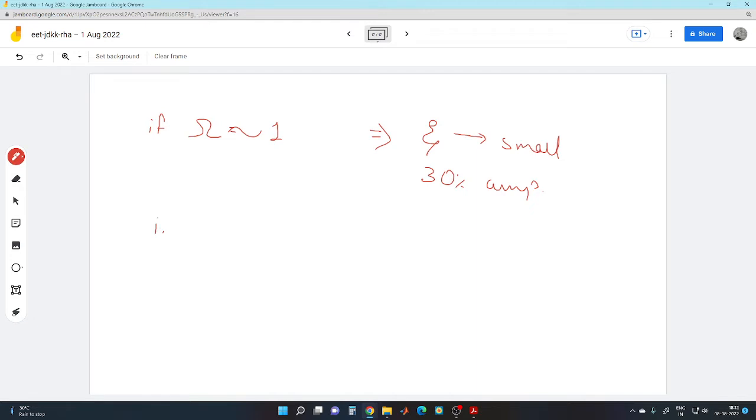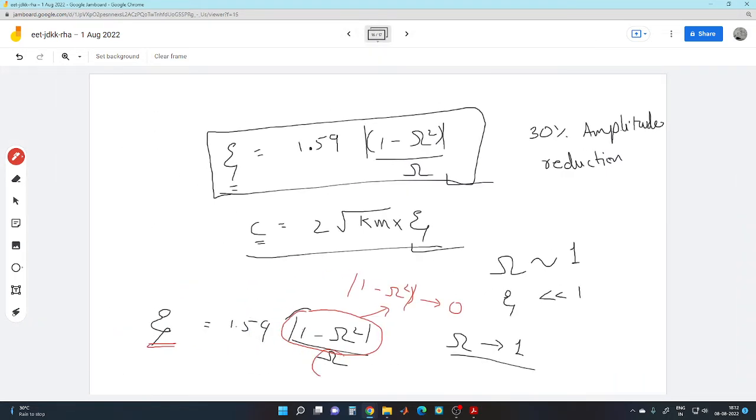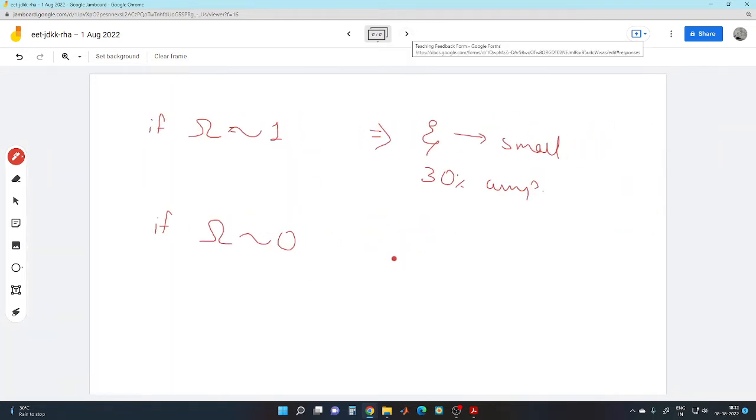But if capital omega is nearly equal to 0, then if we see this expression, this lower value will become very small. This upper value will become nearly equal to 1. So this implies that zeta will be much, much larger than 1 for the same 30% amplitude reduction.